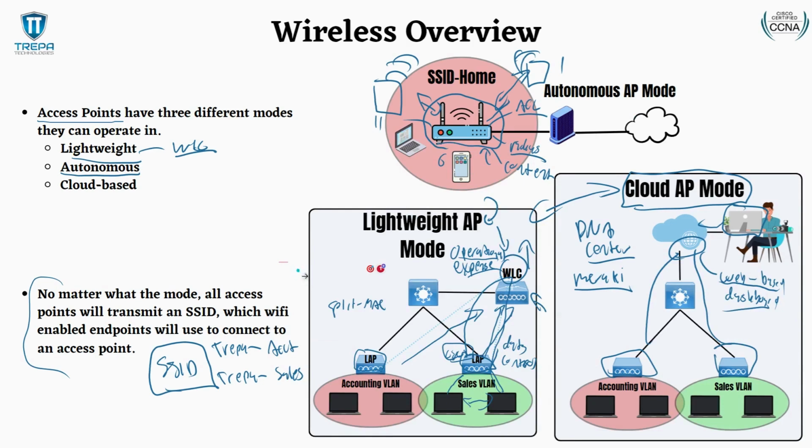It's your job to make sure the business excels through network availability and simplicity, that they just see an SSID, they connect to it, and they can go anywhere in the building and stay connected. That's up to you. So really, no matter what the mode, all the access points are going to transmit an SSID, and those Wi-Fi enabled endpoints are going to use that SSID to connect.